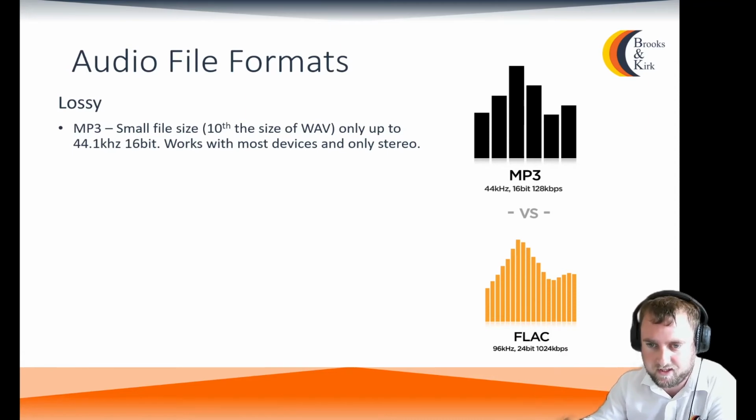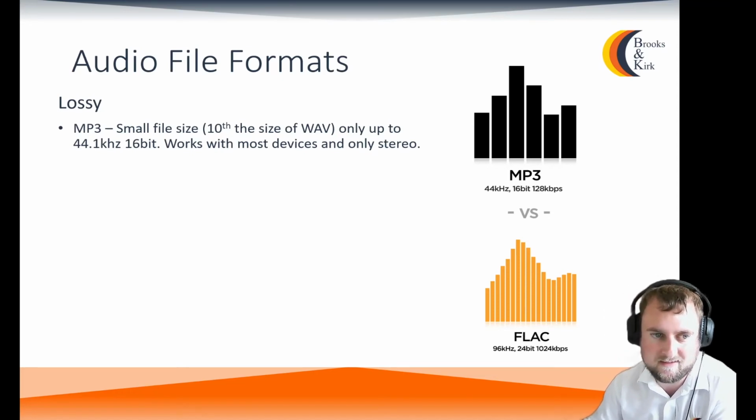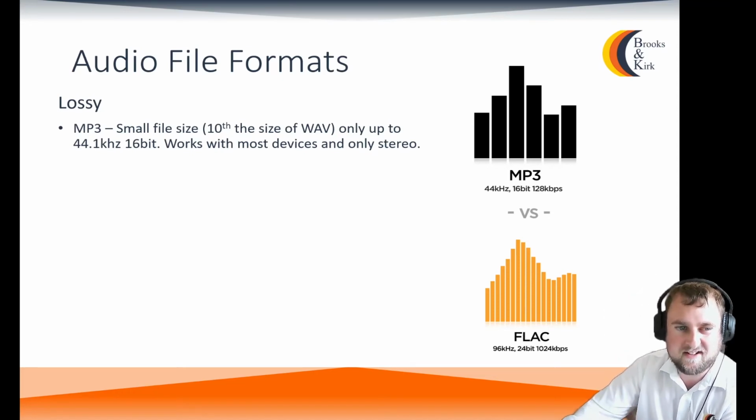And then they can also change the frequency and various other things. With MP3s, you can really only go up to a 44.1 kilohertz sample rate and 16 bits of depth. I'll explain what that is in another slide, but that's CD quality. So the maximum it can really go to is CD quality.